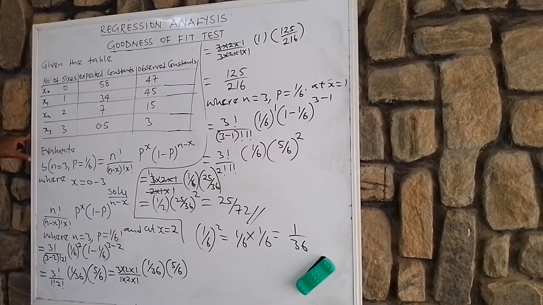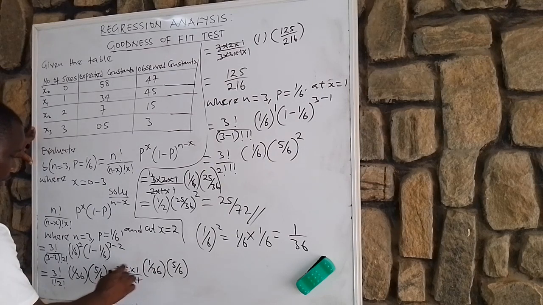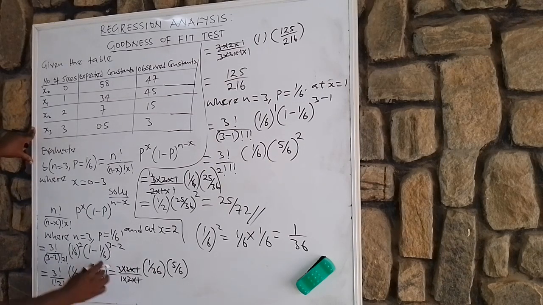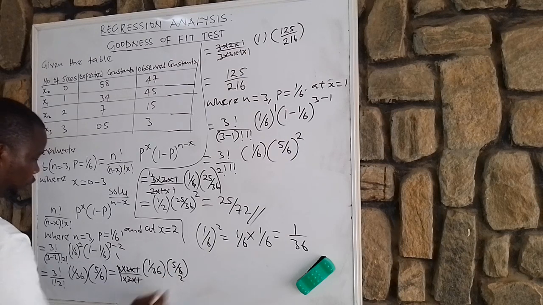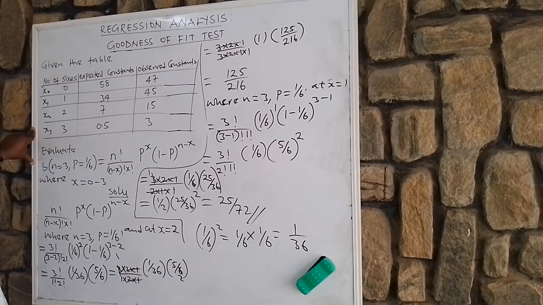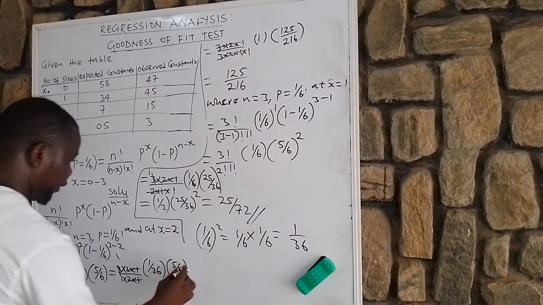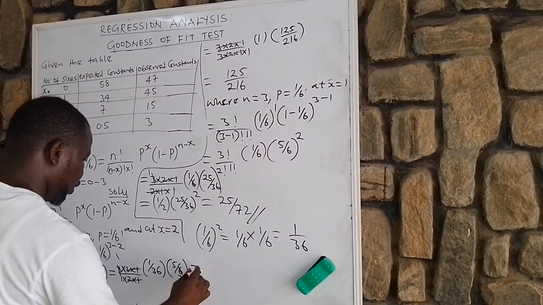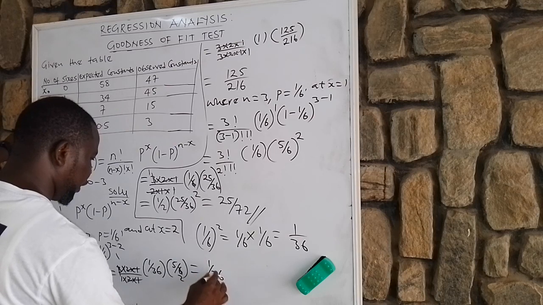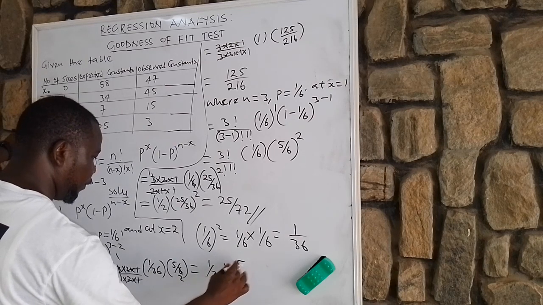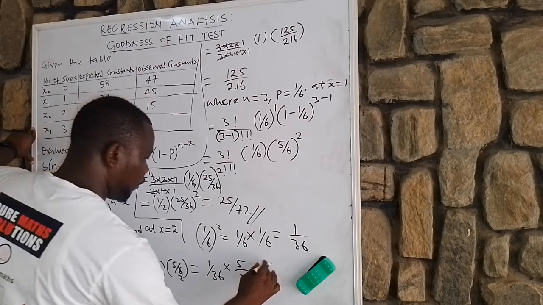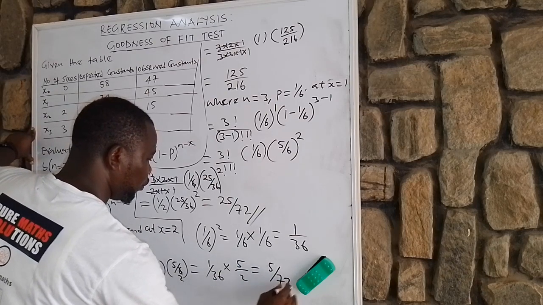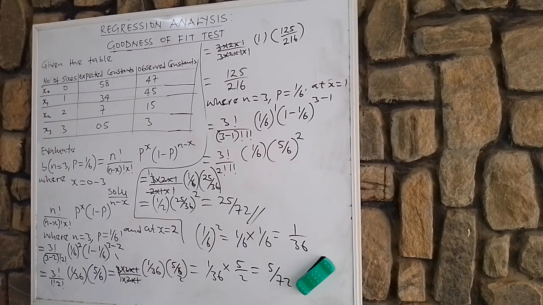If you can see what I am saying, this and this will cancel. 3 all over 1 is 3, 3 to itself 1, 3 to 6 is going to give you what? 2, isn't it? So it means we have 1 all over 36 times 5 all over 2, which is equal to 5 all over 72, because 36 times 2 is going to give you 72.